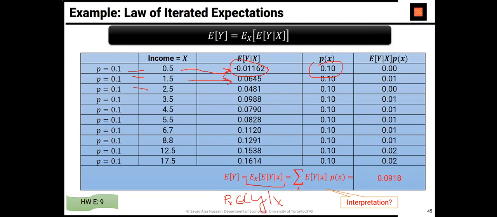Maybe I'll fix this on the slides that I upload. This is exactly what you're doing: probabilities multiplied with these conditional expectations. And when I sum them up, Louis says I should get the expected value of y, which is the overall savings rate. So in plain English, the average savings rate for the entire sample was just about 9.18%.